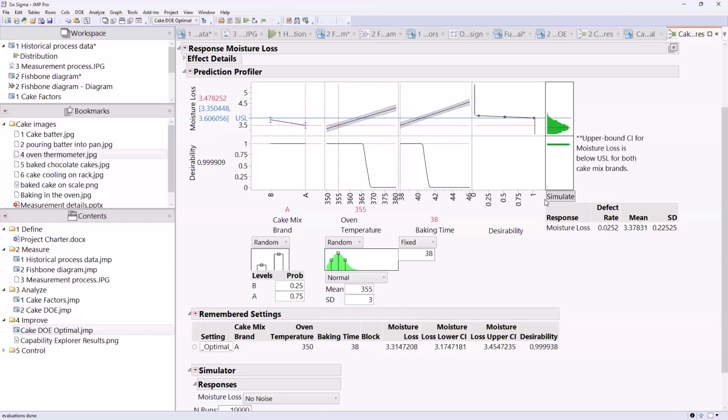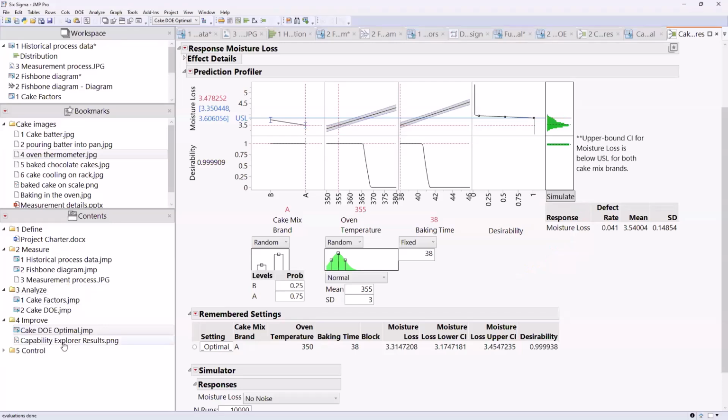What happens to my process? If I click simulate, we're updating that defect rate. So we could meet with experts in the process and think about what changes we might be able to make, hit simulate again, and that's free, right? We don't have to actually make changes in the process to see what the impact might be based on this model.